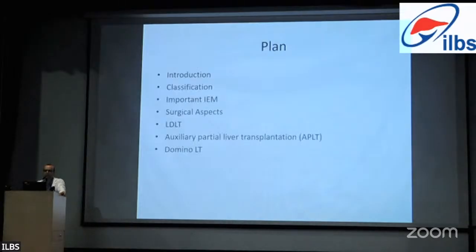So I will go through introduction, classification of the different errors, important IEM for liver transplantation, surgical aspects, a role of LDLT and donor evaluation, and two unique transplant concepts of auxiliary partial orthotopic liver transplant and dominant liver transplant.